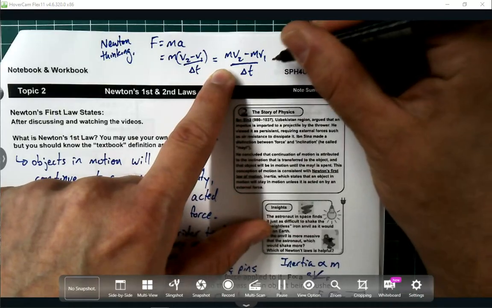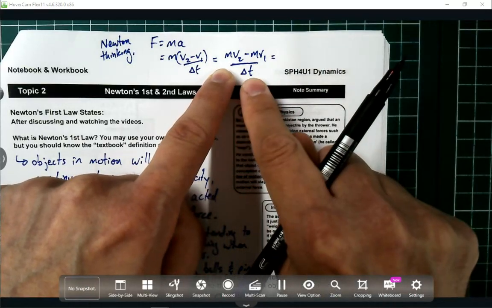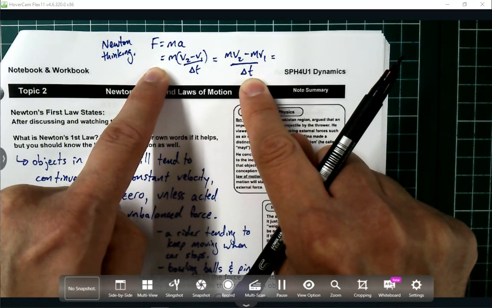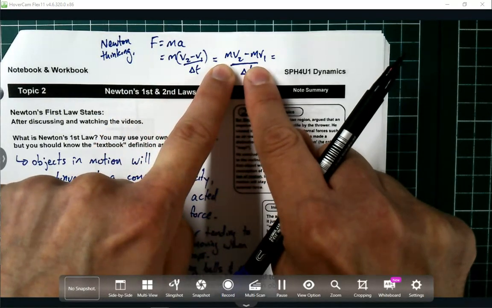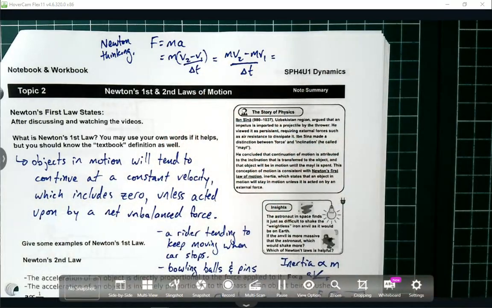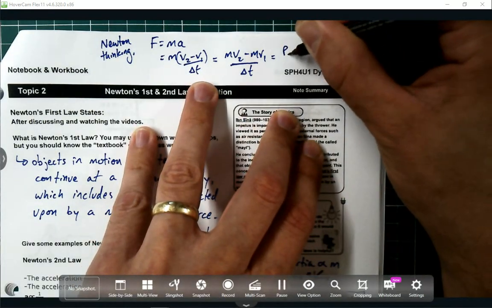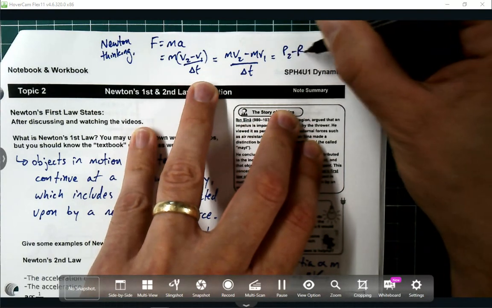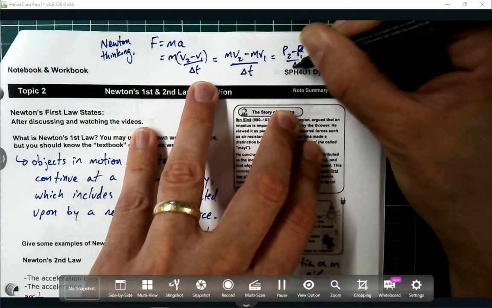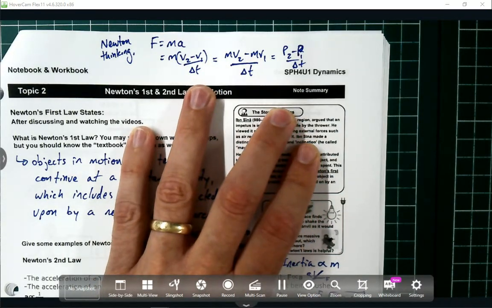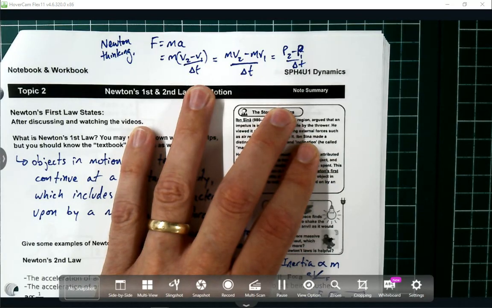Anyway, what Newton would have said is that force is the rate of change of momentum. Notice this is a momentum final minus momentum initial. People use the letter P for momentum. I'll tell you why now. He would have written it as P2 minus P1 divided by delta T. The reason he used P for momentum is because M was already taken by mass.